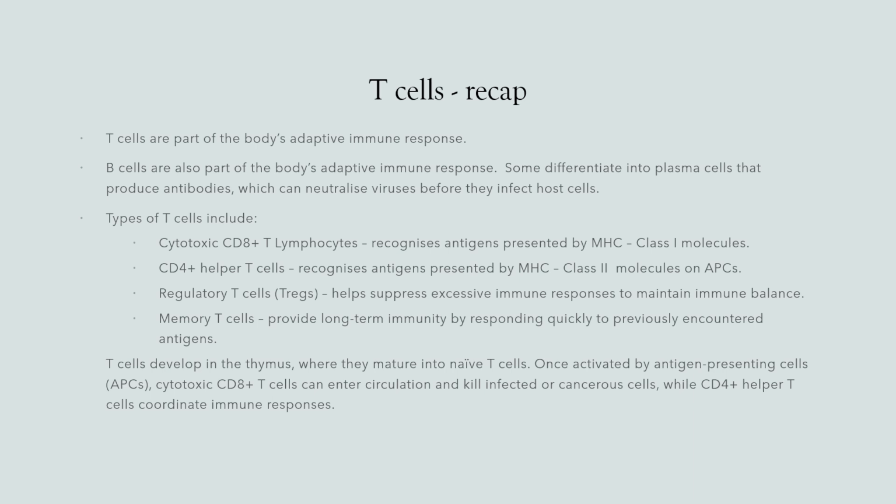But just recapping on T cells, there are different types. We have cytotoxic CD8 plus T lymphocytes. These are the killer cells, if you like. They recognize antigens presented on major histocompatibility class 1 molecules, or HLA class 1 molecules.